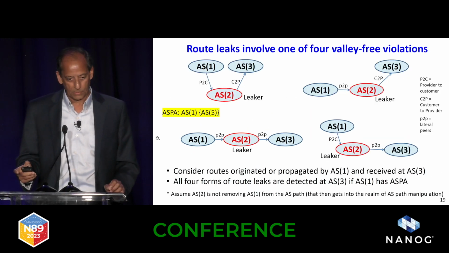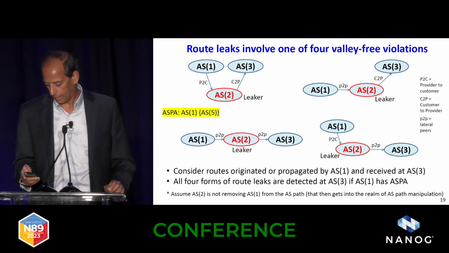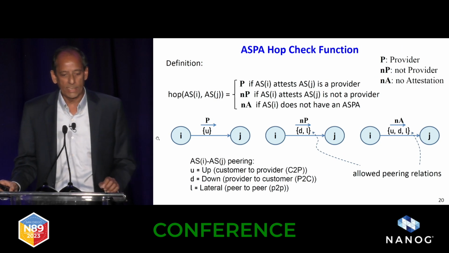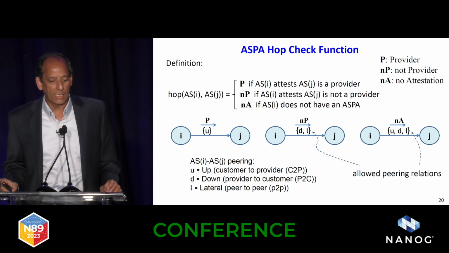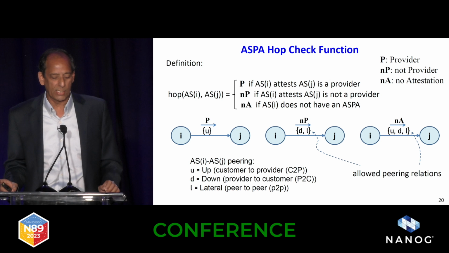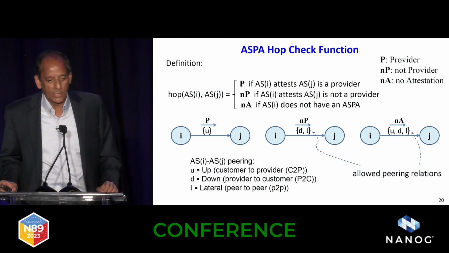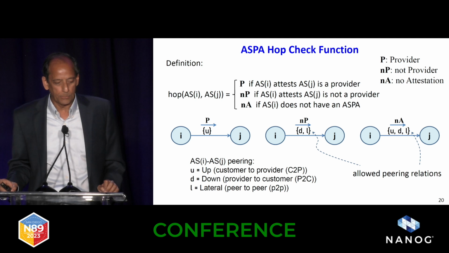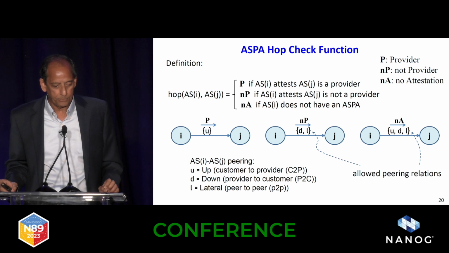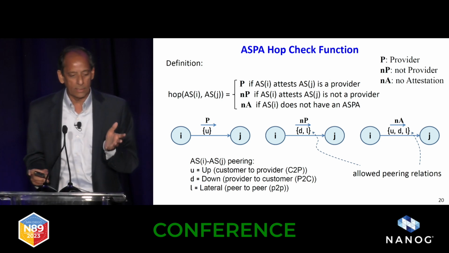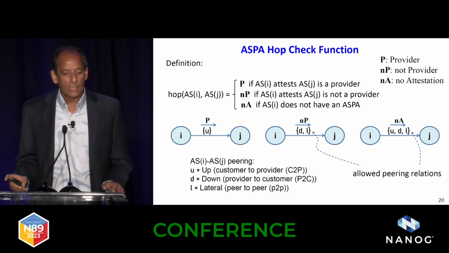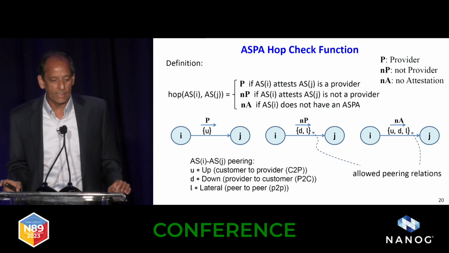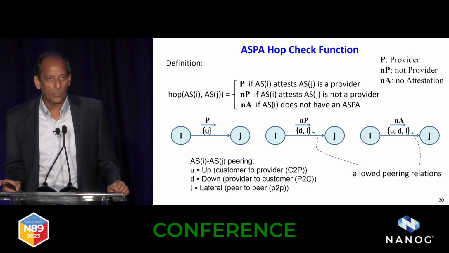In order to proceed with describing the algorithm for route leaks, we need the help of what we call the ASPA hop check function, and this function is utilized in the algorithms. The way it is defined is if we have AS I connected to AS J, we would use ASPA to determine the validity, or the hop check function, of I to J. If AS J is included in the ASPA of I, this hop is a provider.